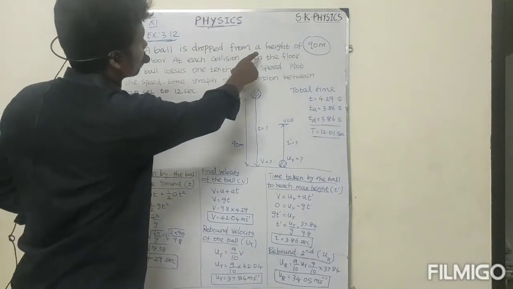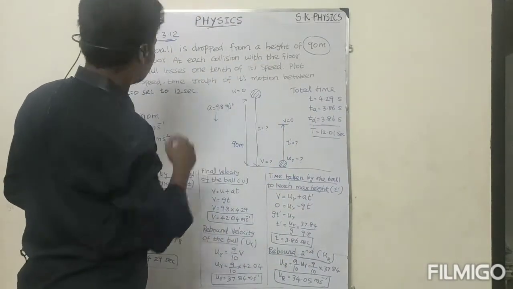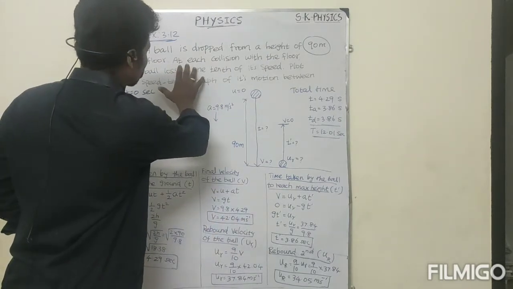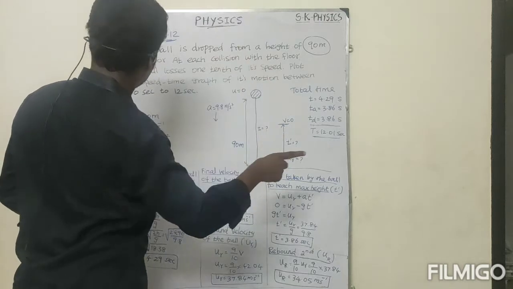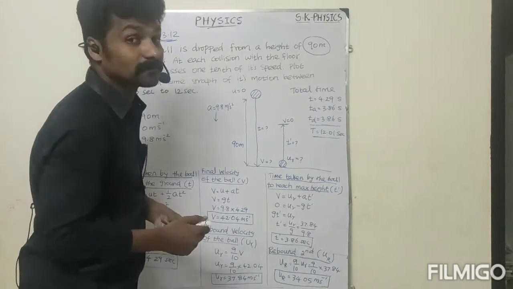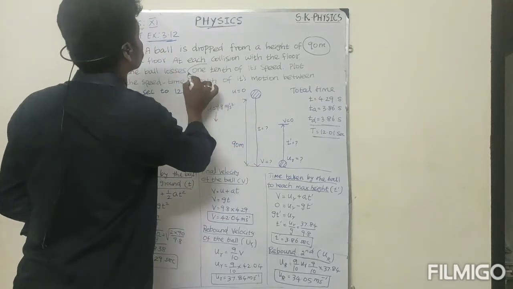A ball is dropped from a height of 90 meter on a floor. With each collision with the floor, the ball loses 1/10 of its speed. Very important point.